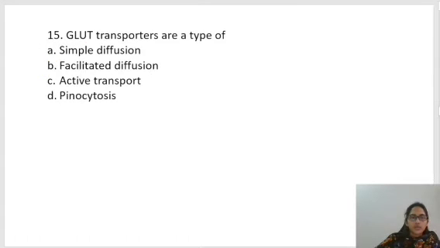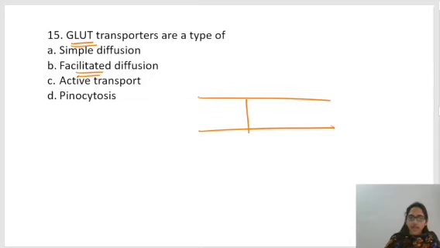Now GLUT transporters are an example of facilitated diffusion, carrier mediated facilitated diffusion. So glucose transporter is the carrier or the transporter here through which glucose enters inside our cell. So there are different glucose transporters.